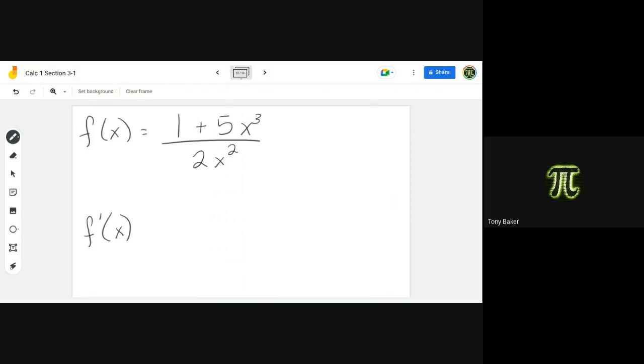I'd still have a 2 down the bottom, because the x to the negative second can go up top, but the 2 would not. And then I'd have multiplication instead of division. So you'd still have to worry about that stuff. How can I split up a fraction?